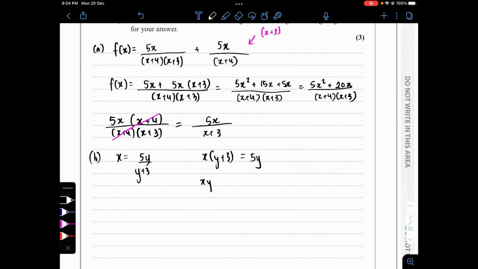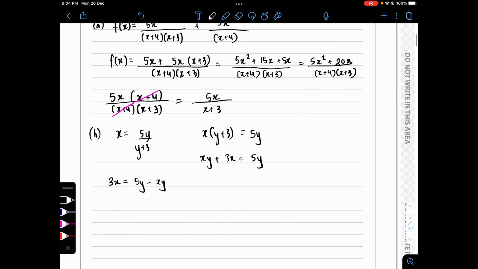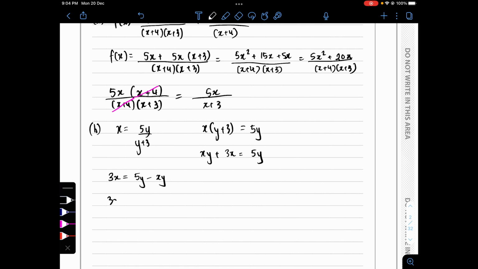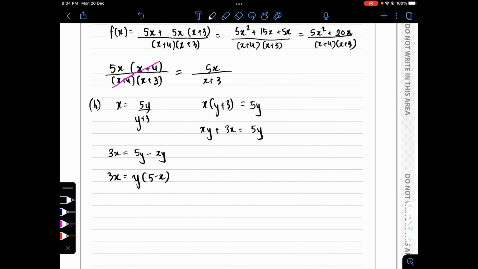Then it's xy plus 3x equals 5y, and then let's take the 3x as it is, so we take xy to the other side: 5y minus xy. So then we get 3x equals y times 5 minus x, so y equals 3x over 5 minus x. So our f inverse of x is 3x over 5 minus x.